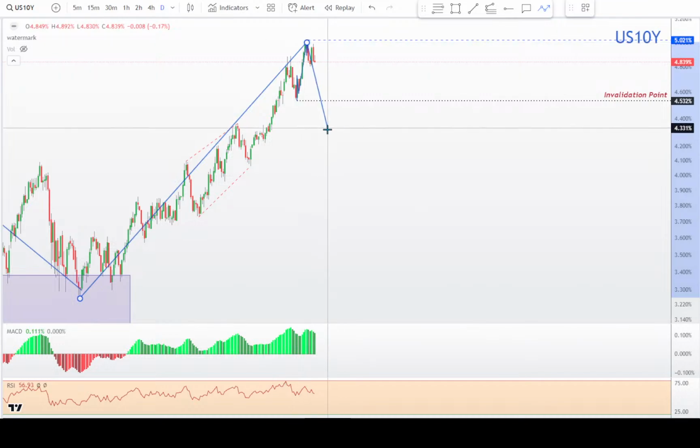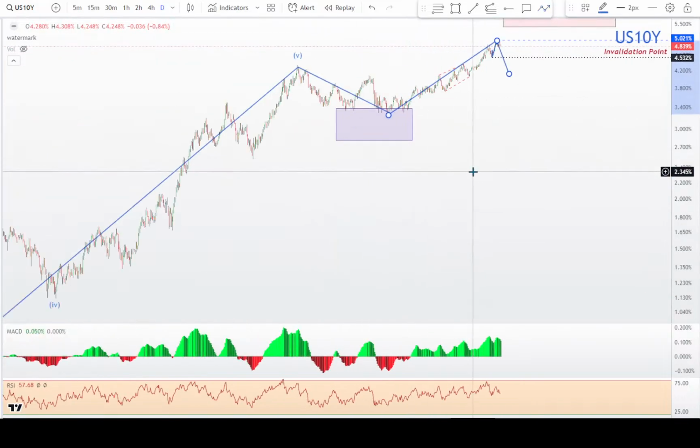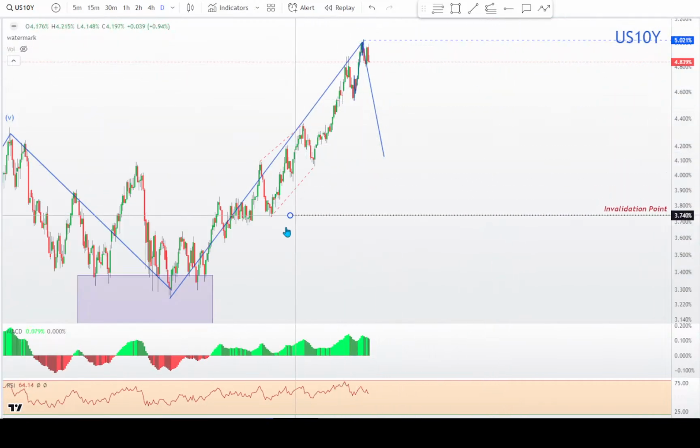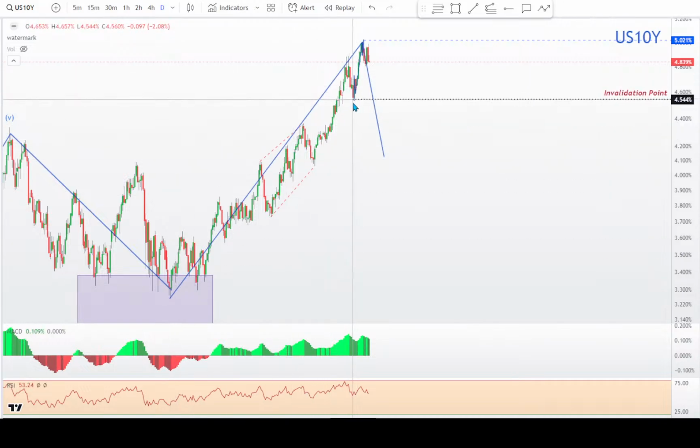I don't know, and then they'll correct and go up again. Well, I guess you can't totally say that. I guess actually the real invalidation point is down here. But to know that this 5-wave move is done, they have to break that low.